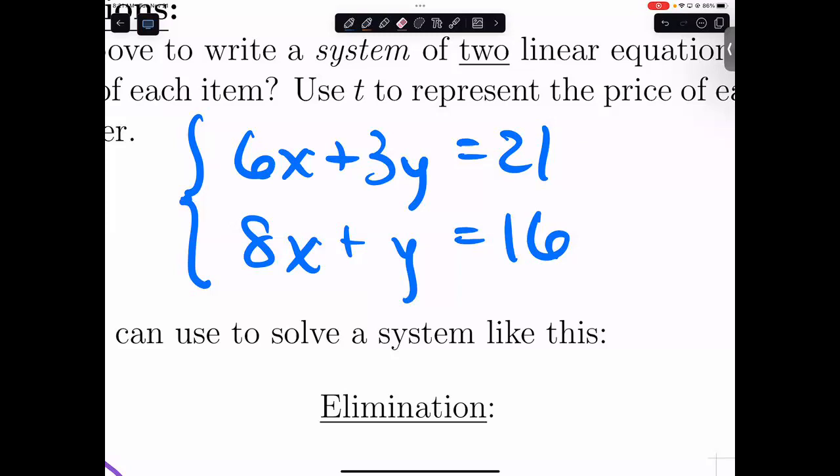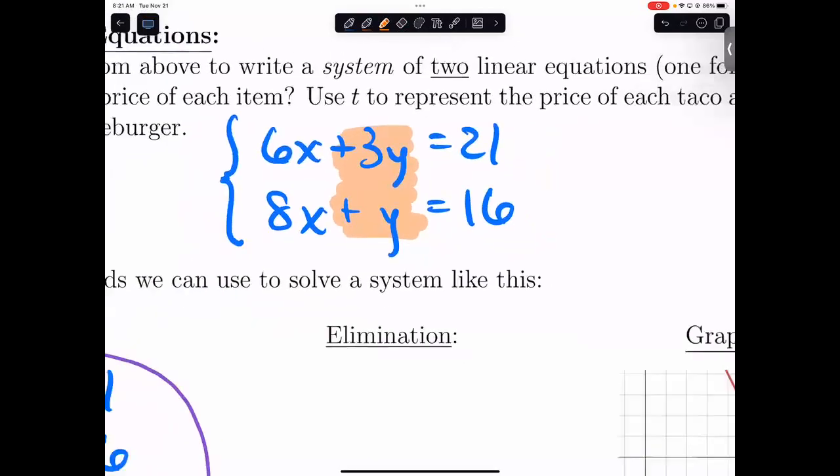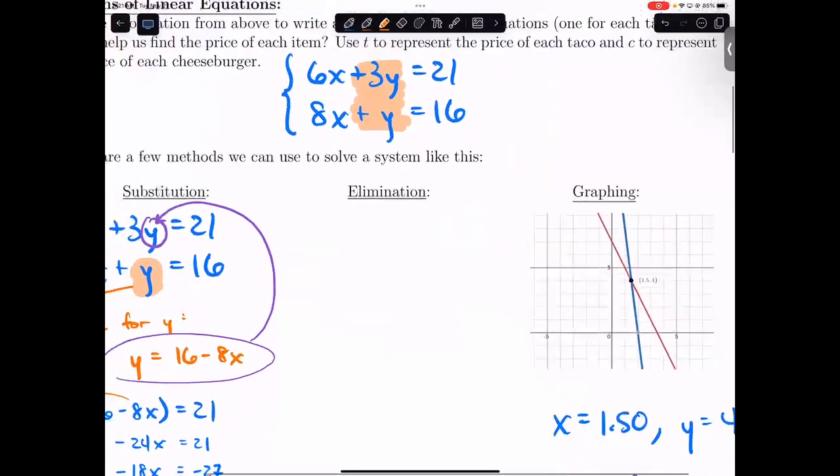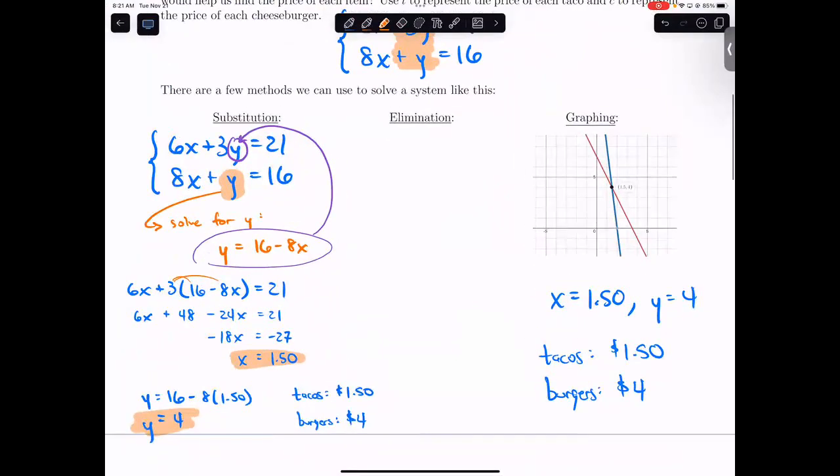So what I would look for is, decide what do I want to eliminate? Let's get rid of y. No particular reason. Well, there's a little bit of a reason that'll become clear in a minute. I'm going to erase this if that's okay.